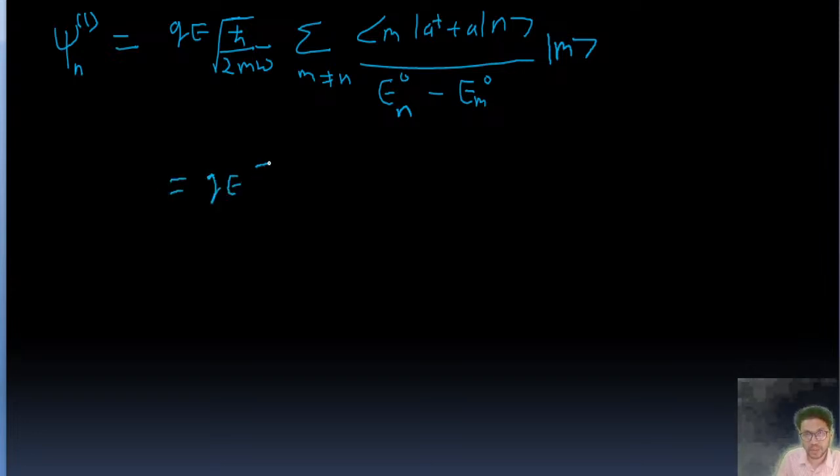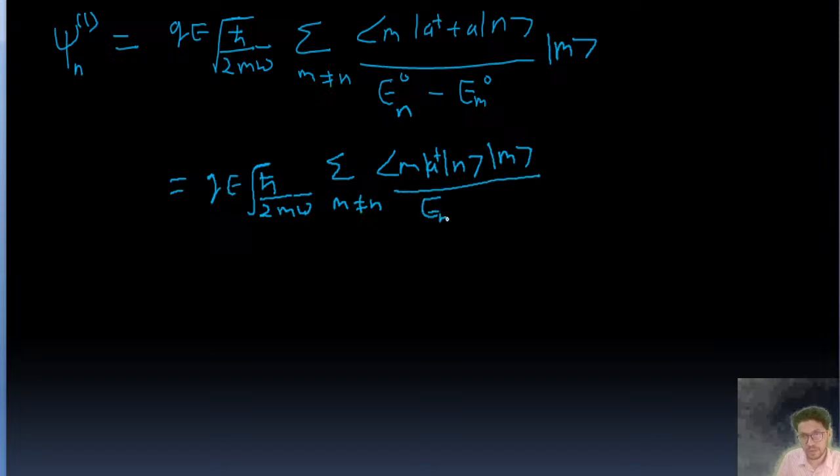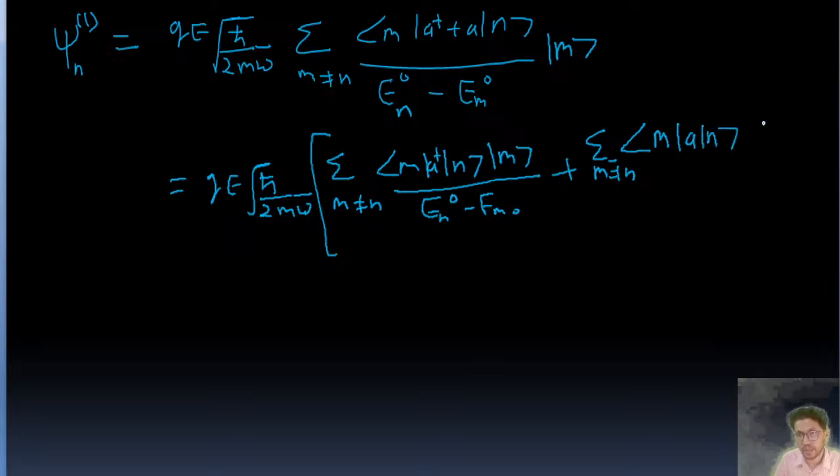So this value is going to be QE root h cut upon 2m omega, sigma, so we'll write it separately, sigma m not equal to n, and this is m a dagger n, outside psi m, upon En naught minus Em naught, then plus, this value is common, sigma m not equal to n, m a n, outside psi m, upon En naught minus Em naught, okay.